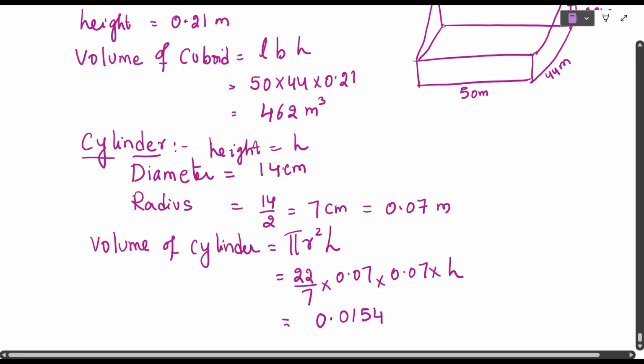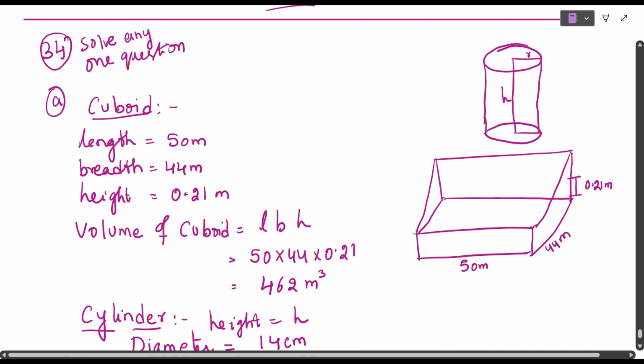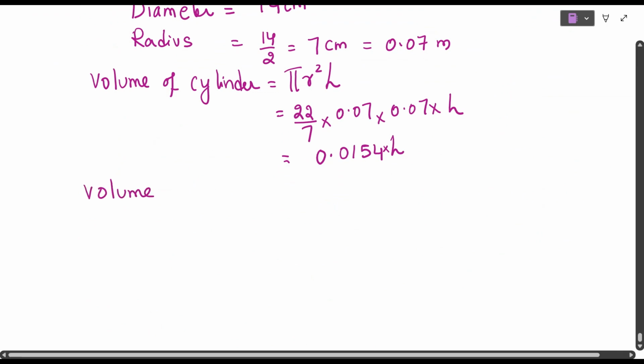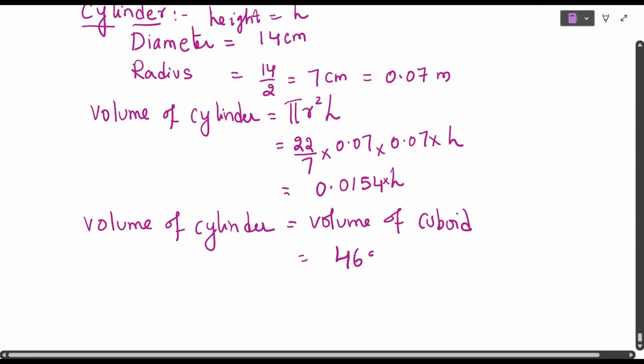So calculate this. How much will you get? 0.0154 into h. Now what they are telling is that the water coming from the pipe into the pond means both the volumes are equal. So volume of cylinder will be equal to what? What is the volume of cuboid we got? 462 meter cube.